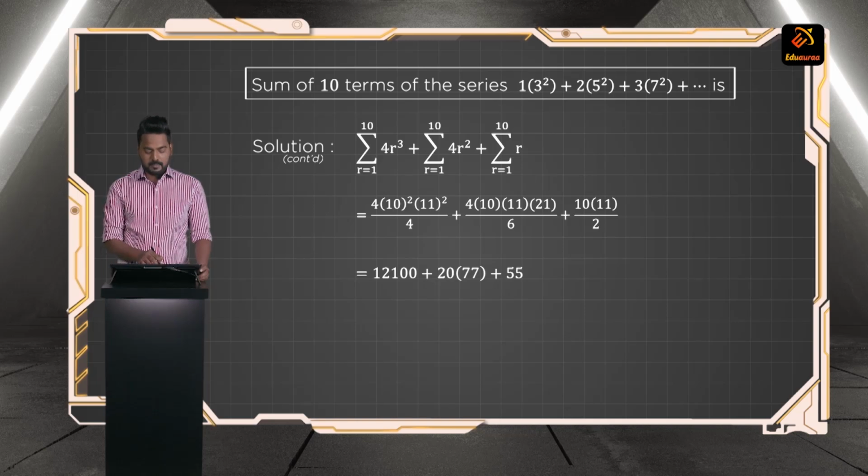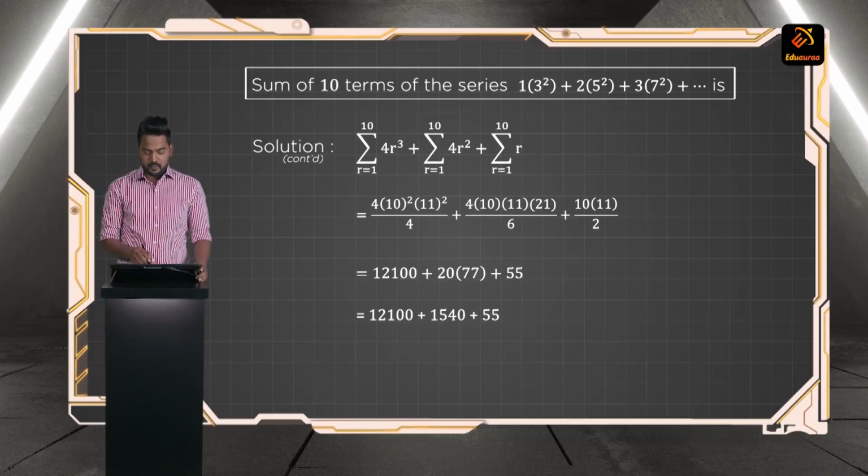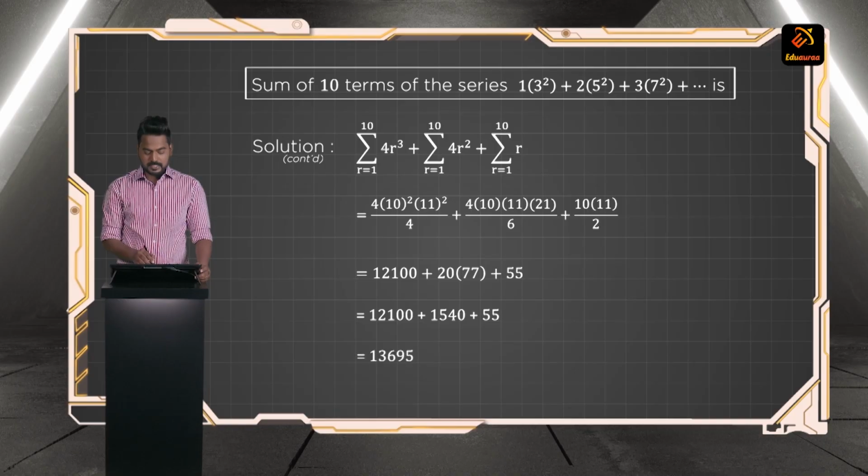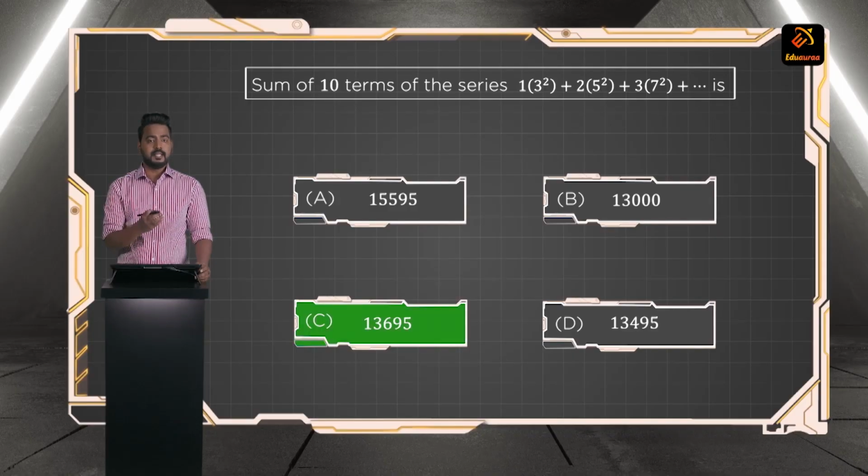So 12100 as it is, plus 20 into 77, which can be written as 1540, plus 55 as it is. If I add these terms, the answer will be 13695, and the answer which matches is option C, 13695.